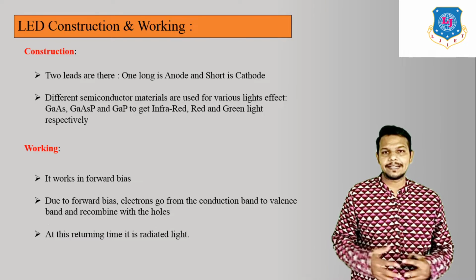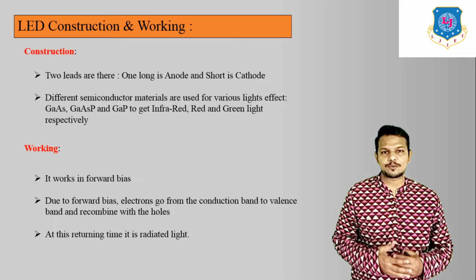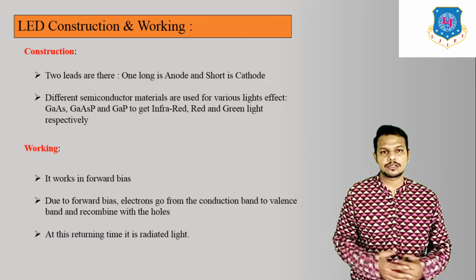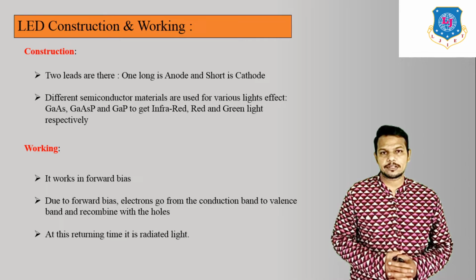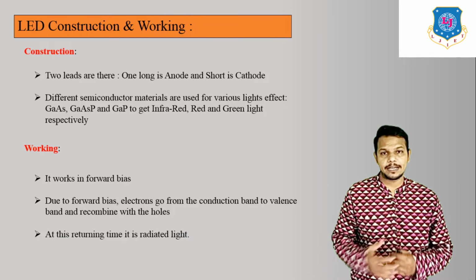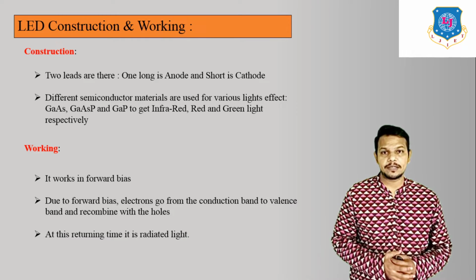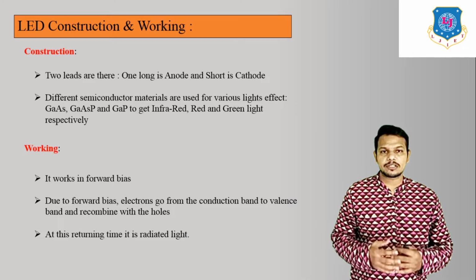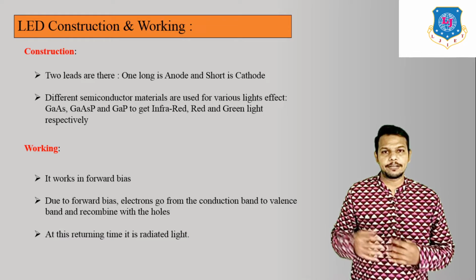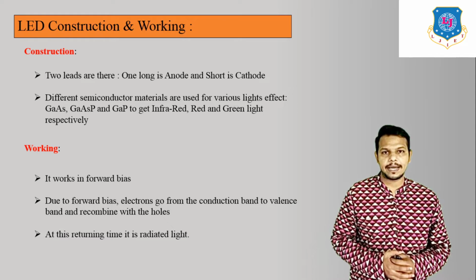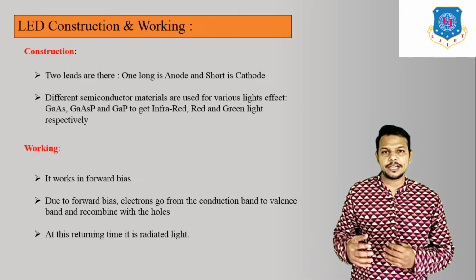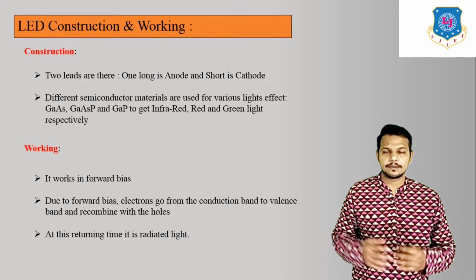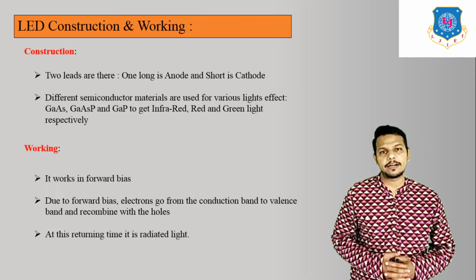In an LED, we have seen different types of semiconductor materials are used for various light effects. For example, GaAs, gallium arsenide, GaAsP, gallium arsenide phosphide, GaP, gallium phosphide, etc., because we want a few different lights. If you are using GaAs material, then you will get infrared light.